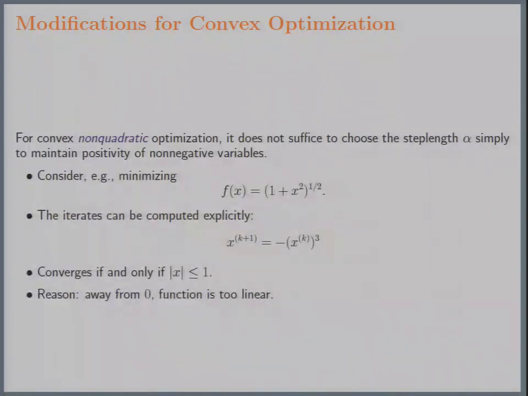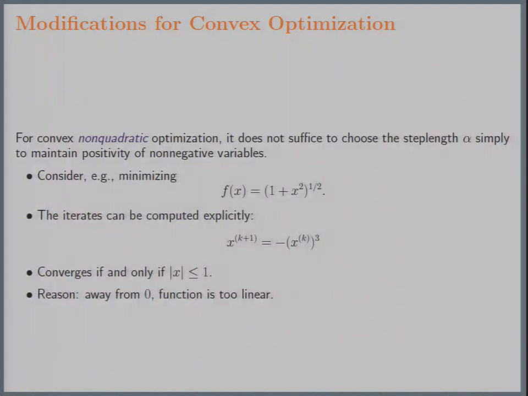It does not suffice to choose the step length simply to keep you from going negative. And here's a trivial example to illustrate this simple point. Consider minimizing this function. Don't even have any constraints. The variable x is a free variable. It can go positive or negative.